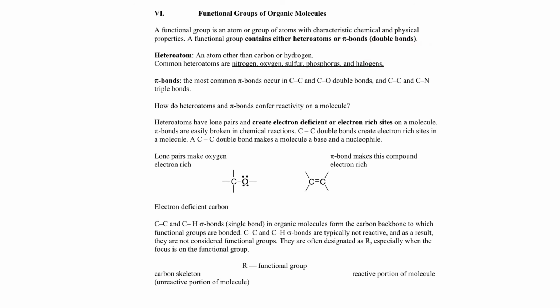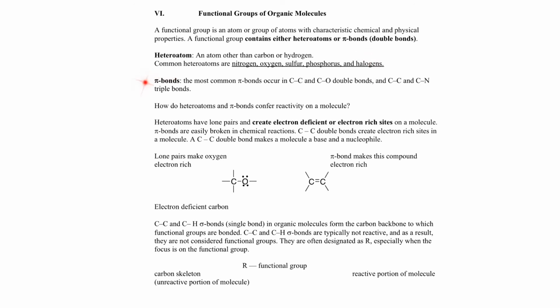And a heteroatom is defined as anything other than carbon or hydrogen. And that might sound like a lot of stuff, but in organic chemistry, we're really only talking about nitrogen, oxygen, sulfur, phosphorus, and halogens. We rarely use any other elements.